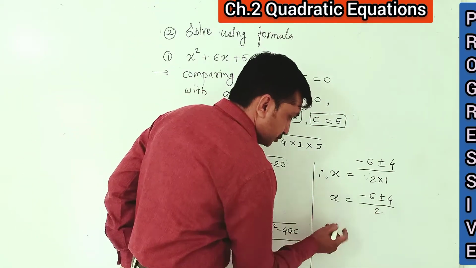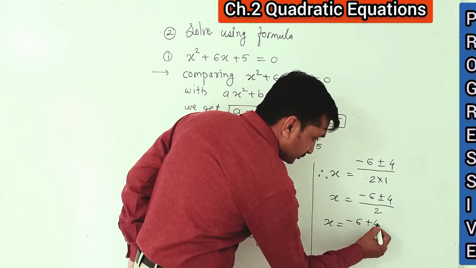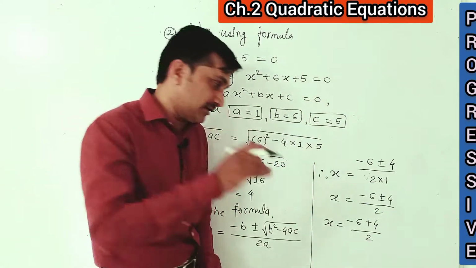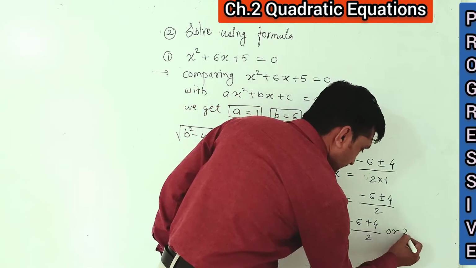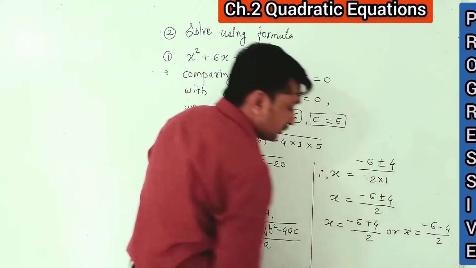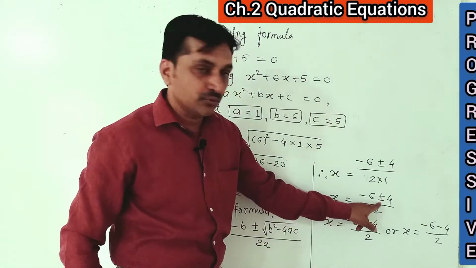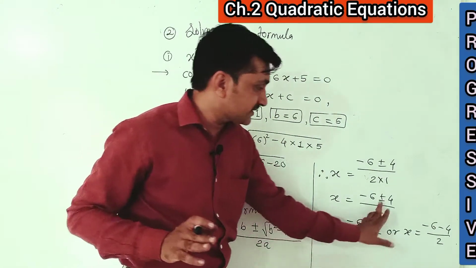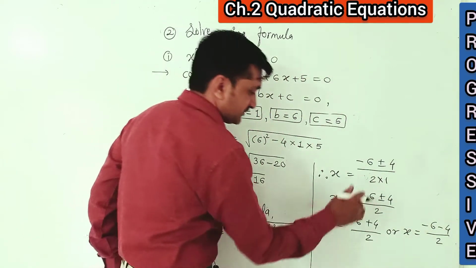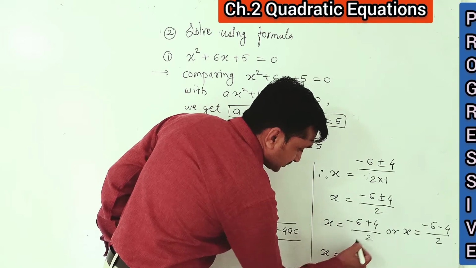Okay, with these two, x is equal to minus 6 plus 4 divided by 2, plus and minus now, or x is equal to minus 6 minus 4 upon 2. These two ratios are separated with plus minus. Once plus is taken and the second time minus. Now you solve it. X is equal to minus 6 plus 4, how much?